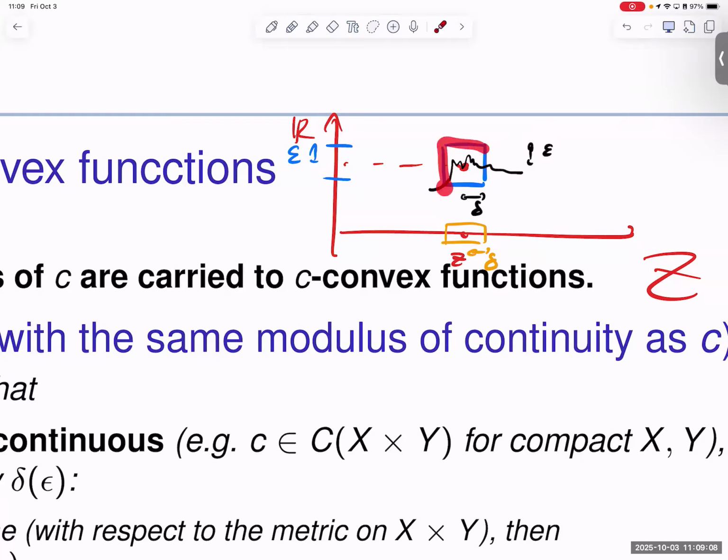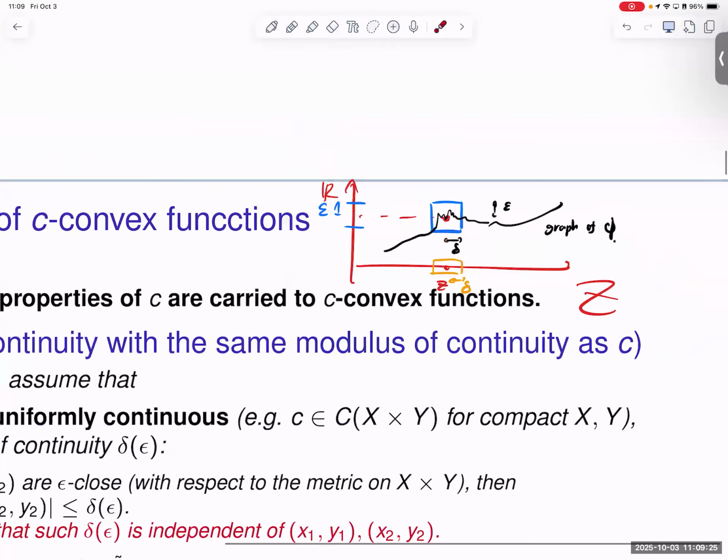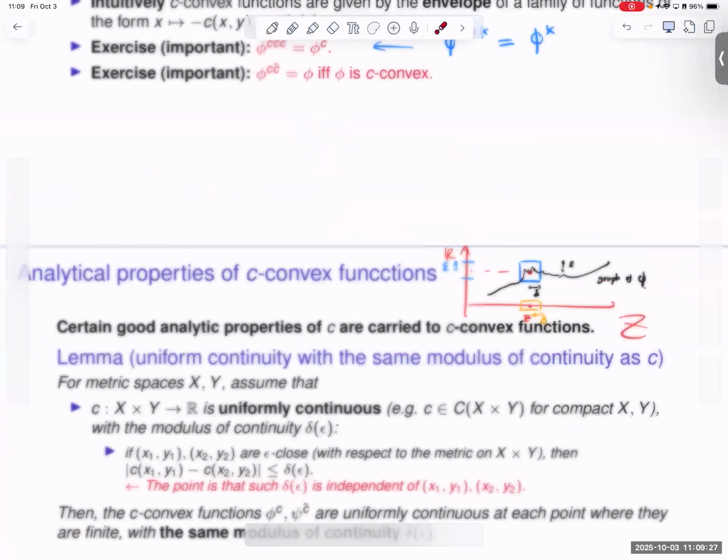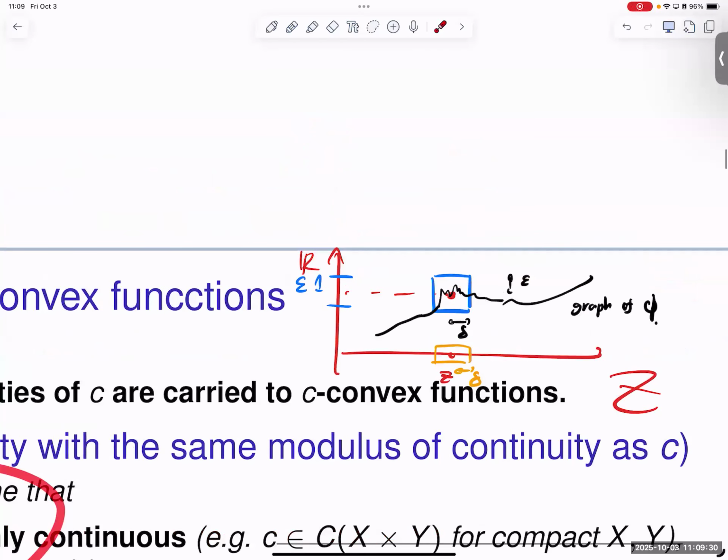So that is spatial continuity. If you can find such a window at every such point on the graph, then that is continuity. And uniform continuity means for each epsilon and at each z, the choice of such delta can be different.